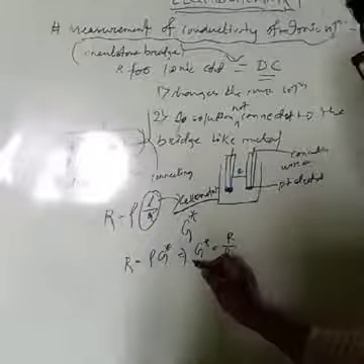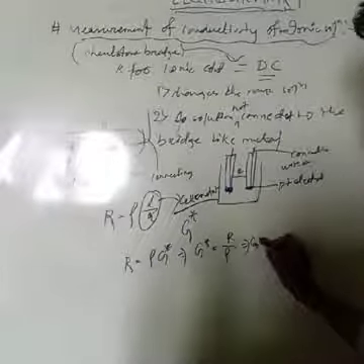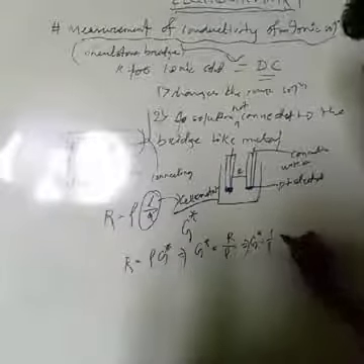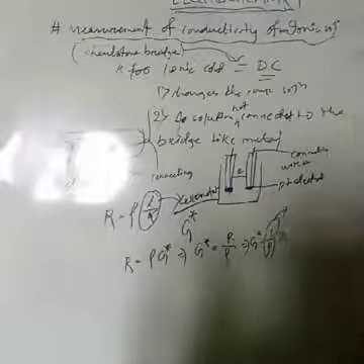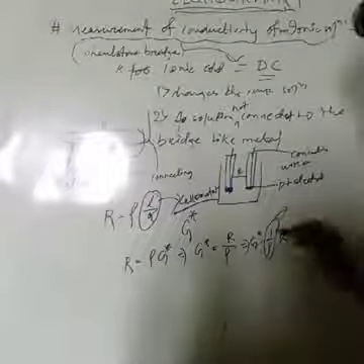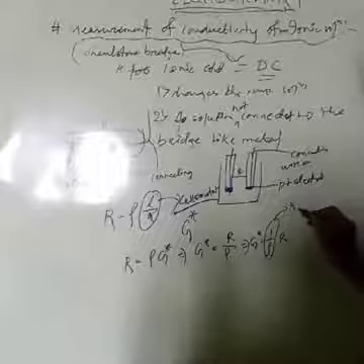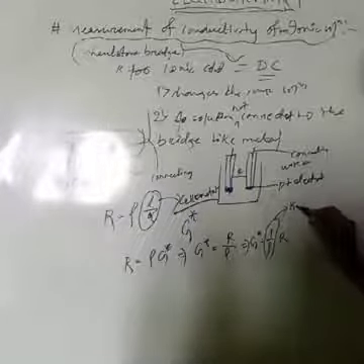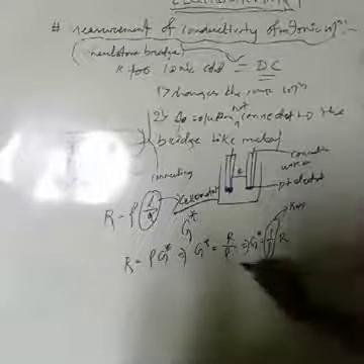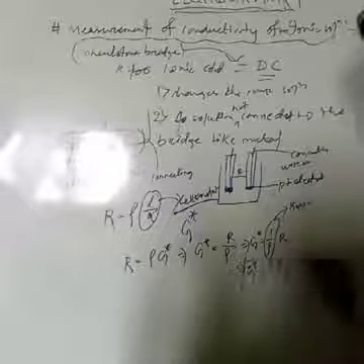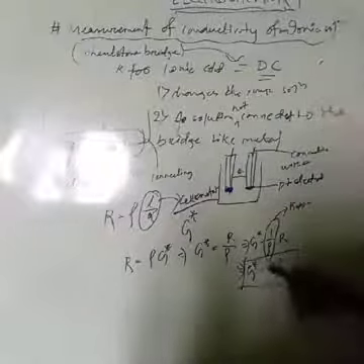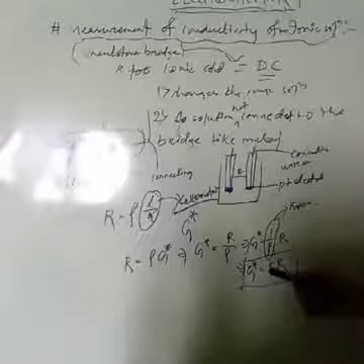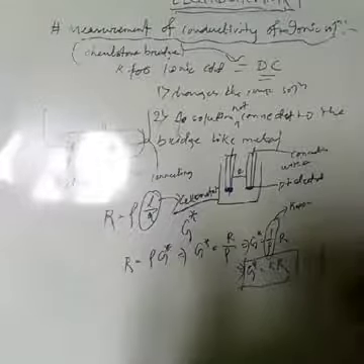or I can write it this way also: G star equals 1 by rho times R. What is 1 by rho? Earlier we read that 1 by rho is nothing but the specific conductance, that is kappa. Yes or no? So we can write G star equals kappa R. G star is the cell constant, kappa is your specific conductance or conductivity, and R is the resistance.